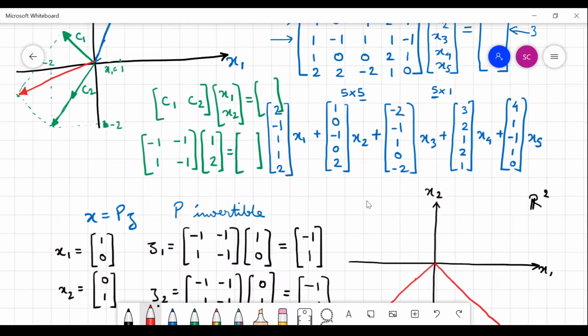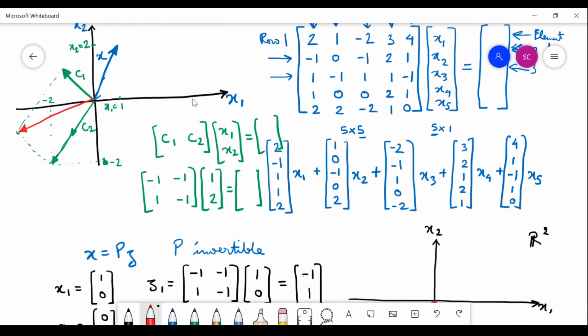Because x we are able to express in terms of x1 and x2, of course, and x1 leads to z1, x2 leads to z2. So x leads to this z. So of course we must be able to express z in terms of z1 and z2.